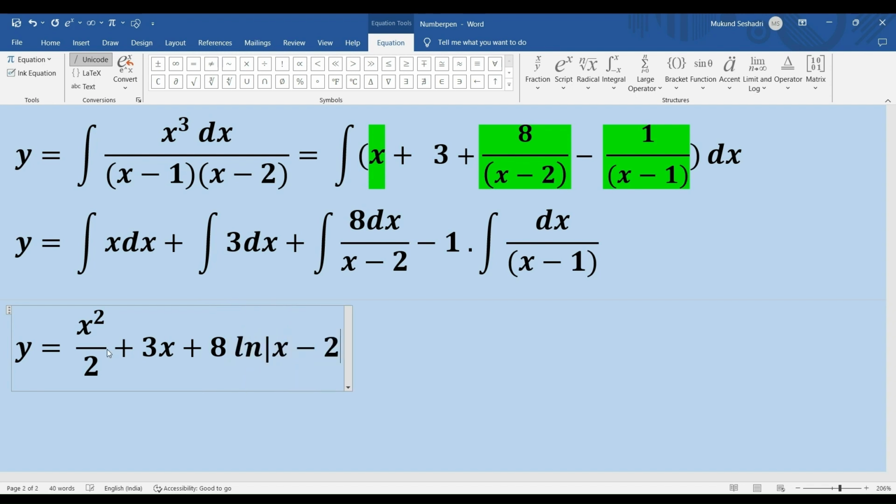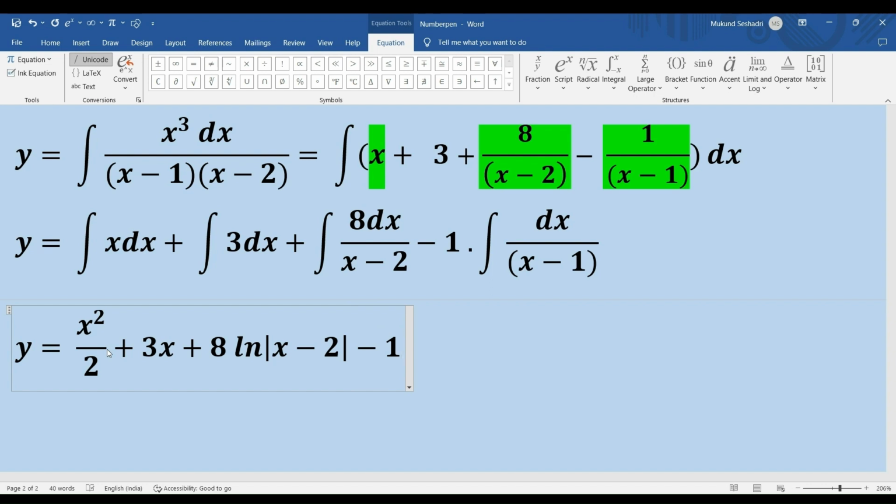And if you've not understood how I'm arriving at this, I request you to take a look at my earlier videos, 248, 249, 250, right? And then my final integral is minus 1 times the integral of dx by (x − 1), which is also very similar, nothing but −1 times ln|x − 1|, right?